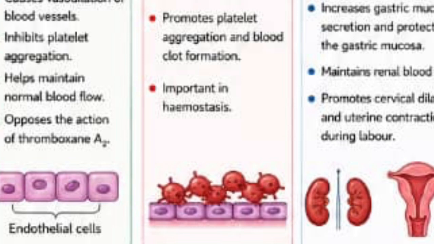Von Willebrand factor will help in adhesion, converting inactive platelets to active platelets, after you vasoconstrict and reduce the blood loss. Then thromboxane A2 and platelet activating factor will start aggregating the blood clot. So there is vasoconstriction of the blood vessel, platelet aggregation and clot formation, and it's important in hemostasis. And it counters what? Prostacyclin. Prostacyclin counters thromboxane A2, and thromboxane A2 counters prostacyclin.